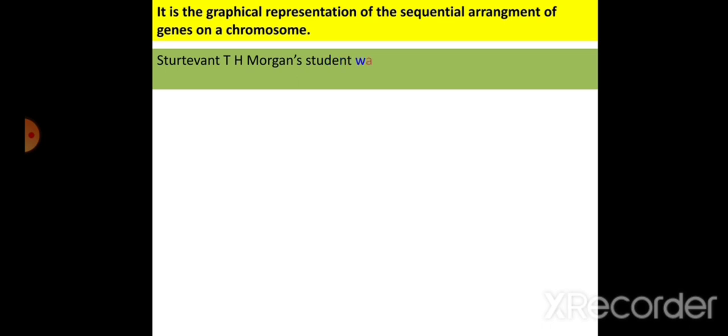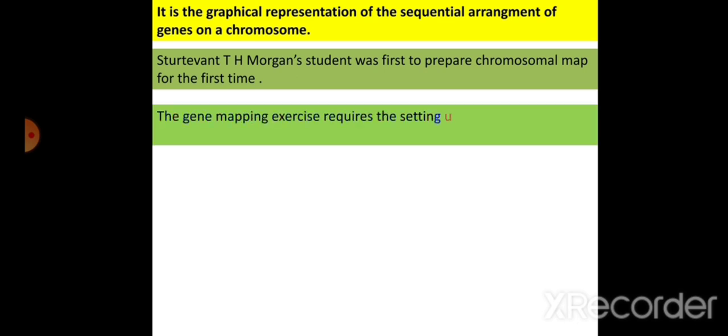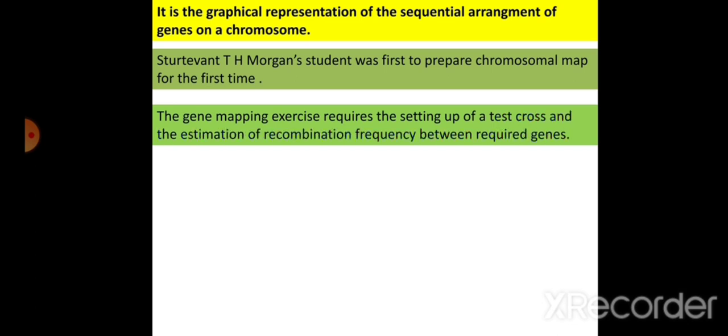There was a student of T.H. Morgan by name Sturtevant. In the year 1911, he became the first person to prepare the chromosomal map. And in honor of his teacher, that is Morgan, he used the unit for the map as a centimorgan or a map unit.